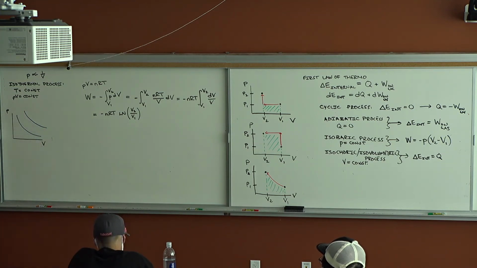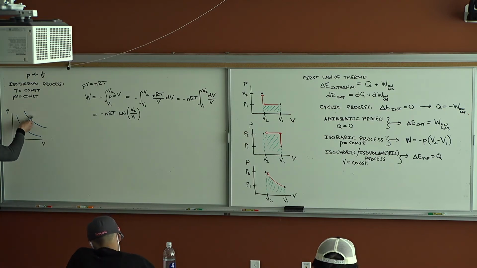If P times V looks like n times R times T, then the bigger the product of P times V, the bigger the temperature, yeah? And so the bigger the radius from this origin to the nearest point on the isotherm, the bigger the temperature, yeah? We're happy-ish.